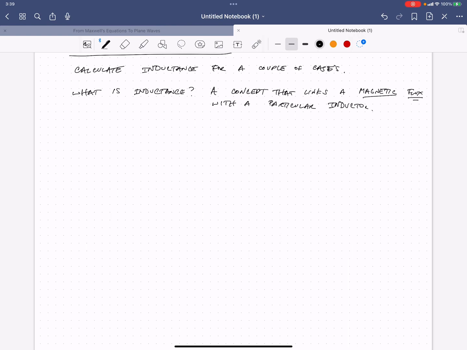Okay. And to do that, there's a concept called flux linkage that I'm not going to define as an exact idea because it's mathematically difficult to do. But hopefully it'll make more sense as we do some examples.